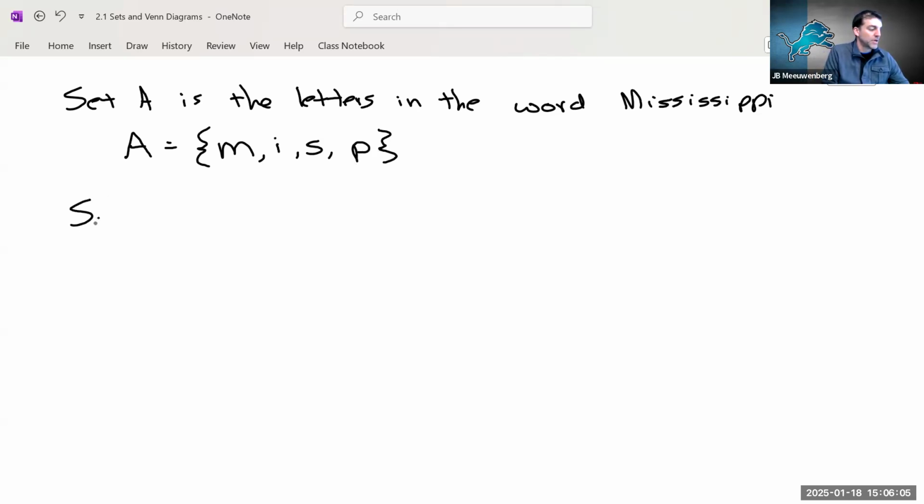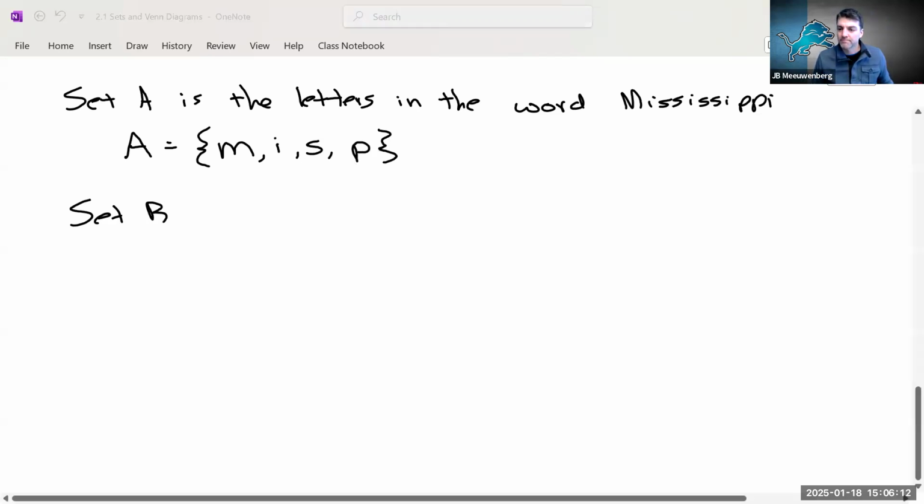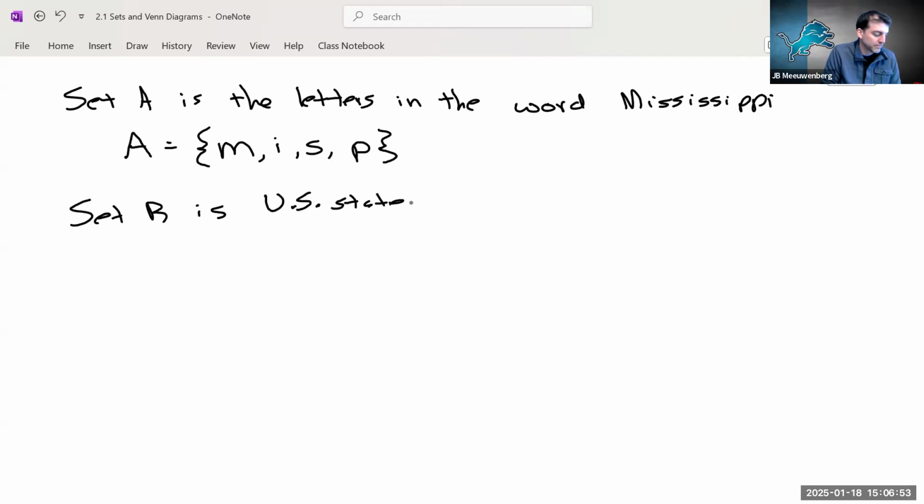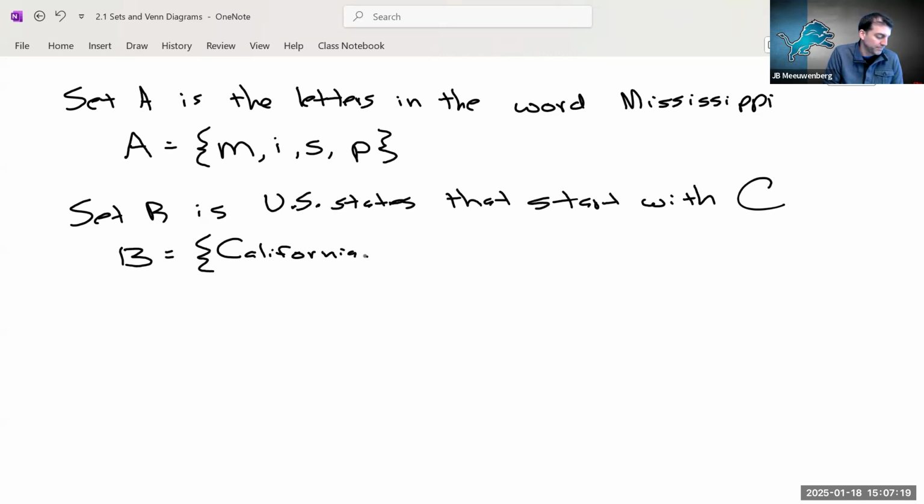So here's another one. Let's work with set B, and set B is US states that start with the letter C. So US states that start with the letter C. If we actually want to then list them, write it in set notation, we would say B is equal to California, Colorado, and Connecticut.